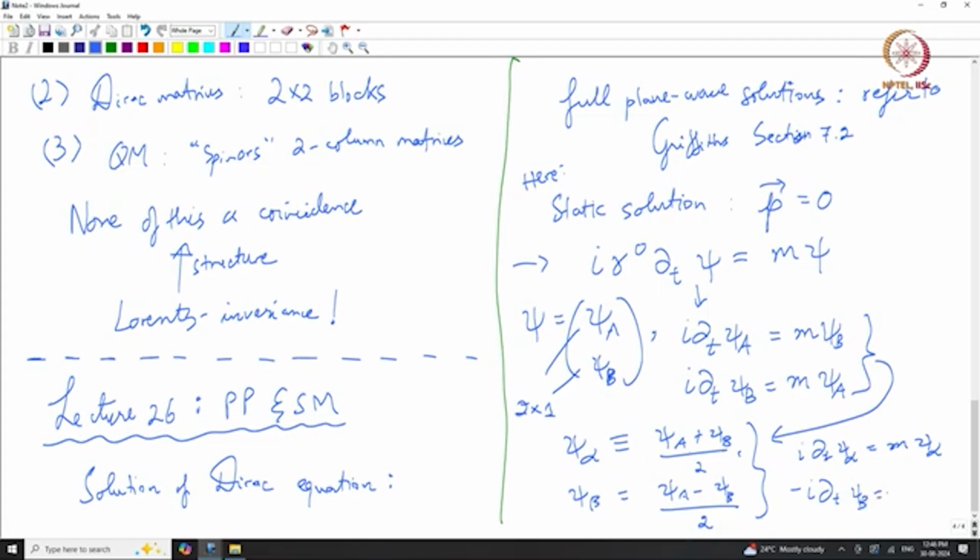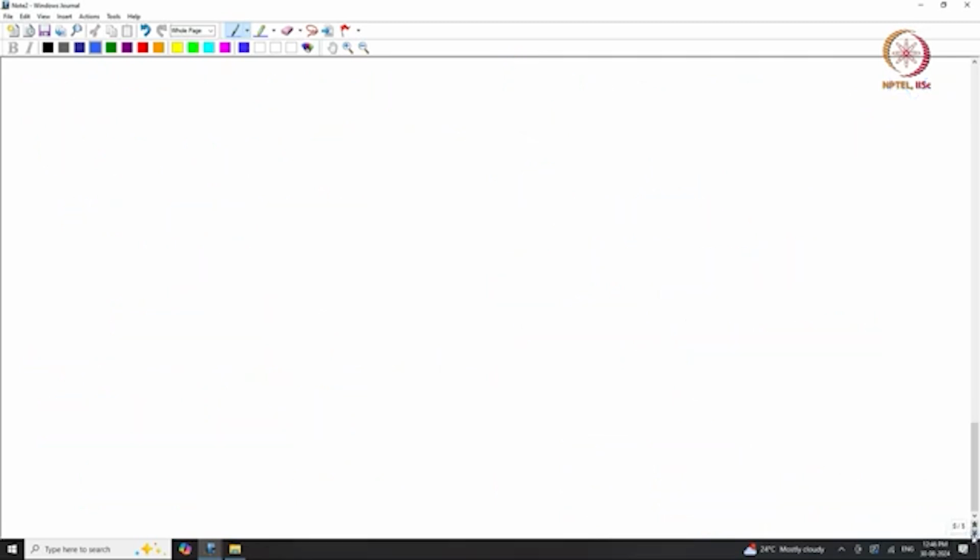Now the plane wave solution is even more visible, because the solution now looks like this.